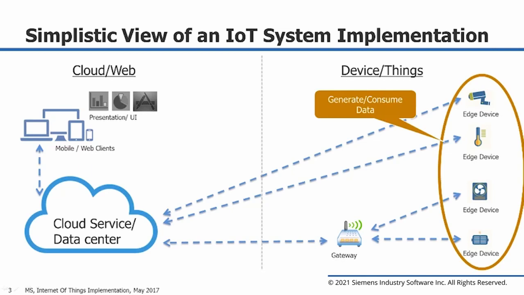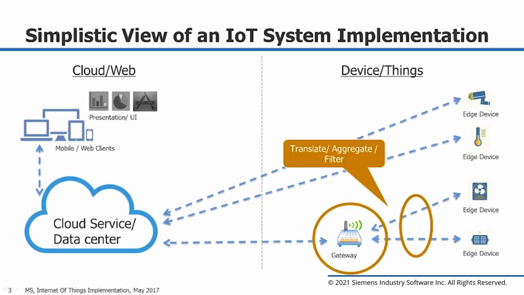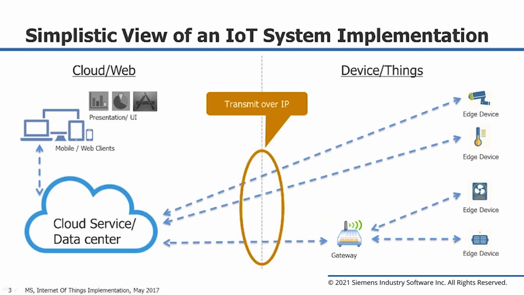So starting from the right side, we have edge devices that can be sensors or actuators that are generating or consuming data. Then we have a special type of devices in the network that are called gateways. Then we typically connect these devices or gateways to remote servers over IP-based protocols using the public internet.